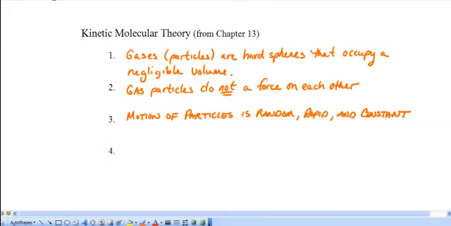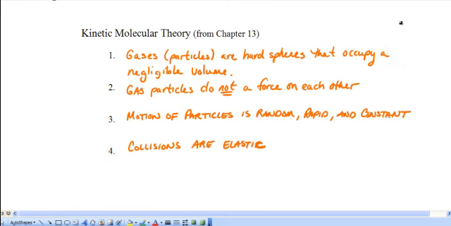Rapid, random, and constant. These particles are flying around. And finally, we assume that all collisions are elastic, simply meaning they don't slow each other down when they collide. They have the same momentum when they leave as they had before they collided.